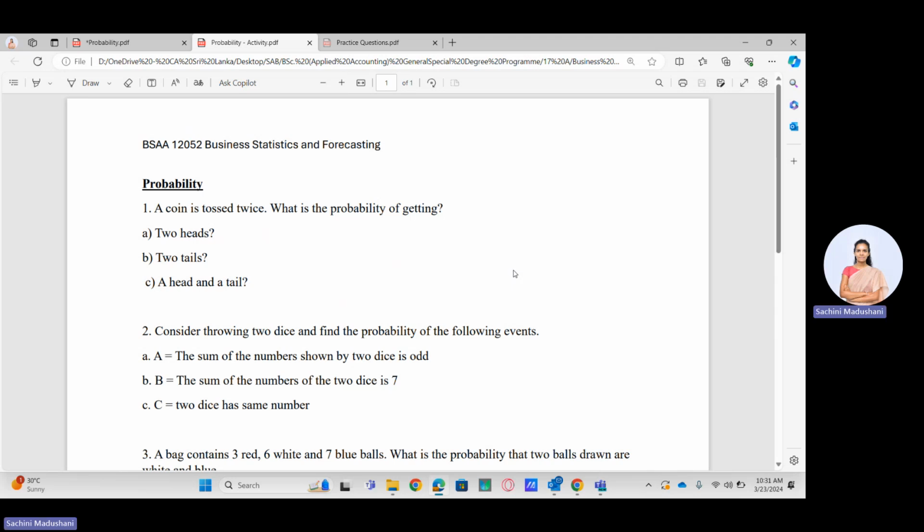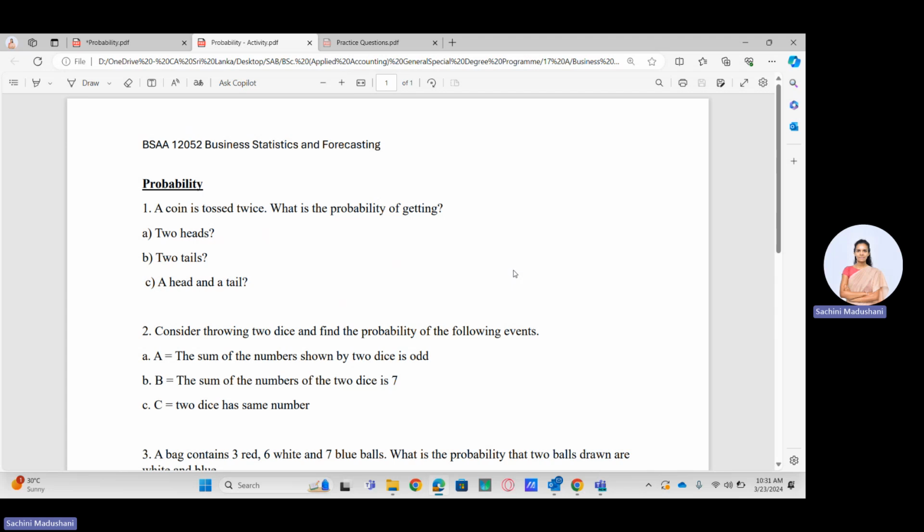The other one is first time we get the tail, second time we get the head. Okay, then all the possible outcomes for this task: a coin is tossed twice. Okay, it's clear. Then we can answer.